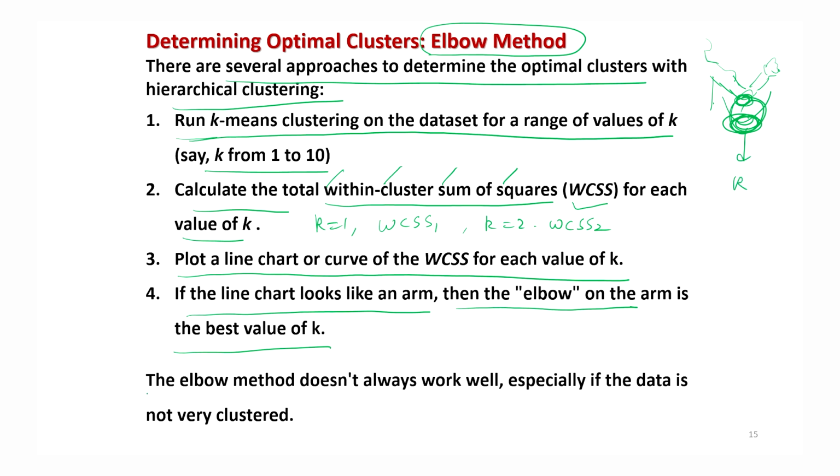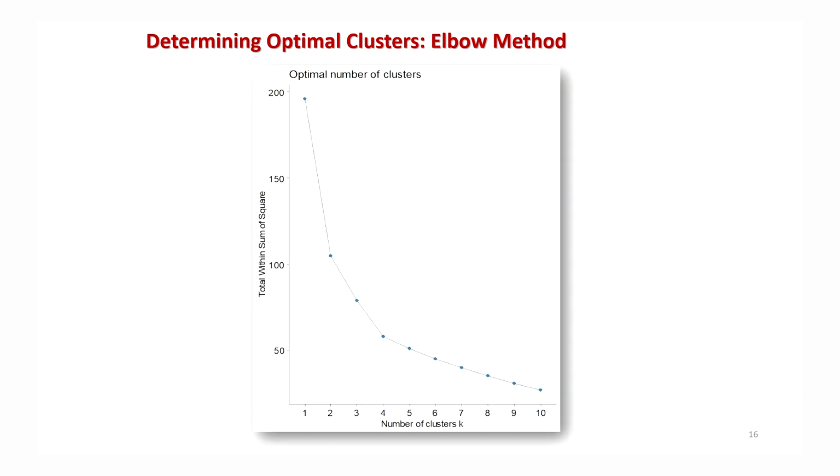So the elbow method doesn't work well, especially if the data is not very much clustered. Well, every method has a limitation, right. But anyway, we will try to show it, and you see it will look like this, where I take the number of clusters k: 1 cluster, 2 clusters, 3 clusters, 4 clusters.